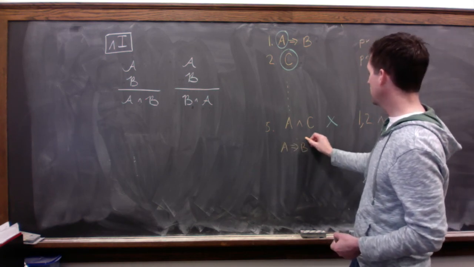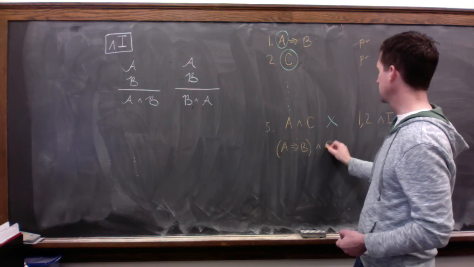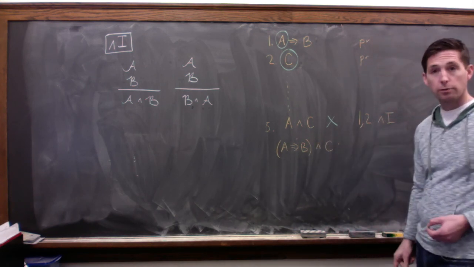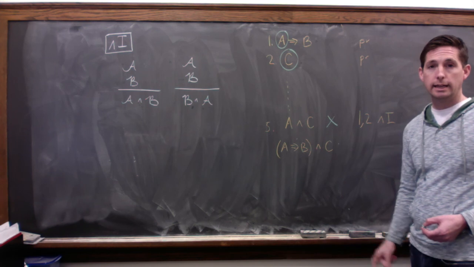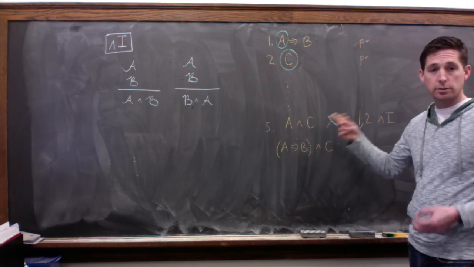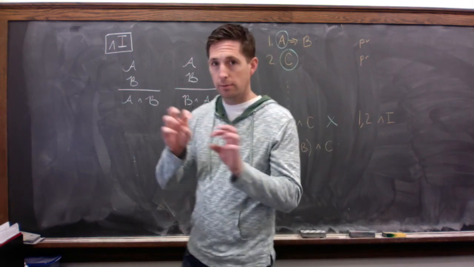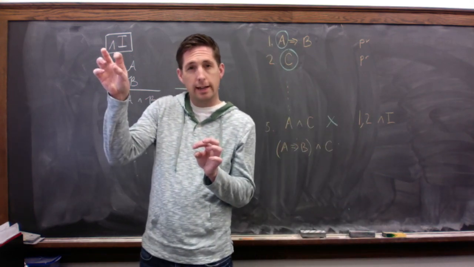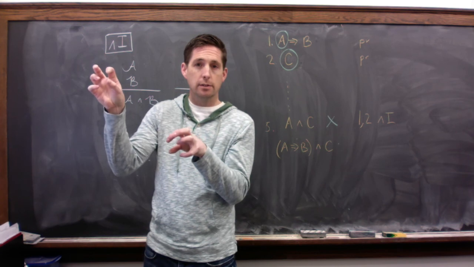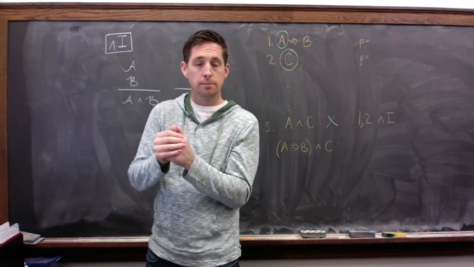A arrow B, and C. That does really follow from lines 1 and 2 by AND in, but what I've written here does not. So just remember, our rules apply to whole lines, not to parts of lines. You can't take part of a line and put that together with something else. The rules apply to whole lines.